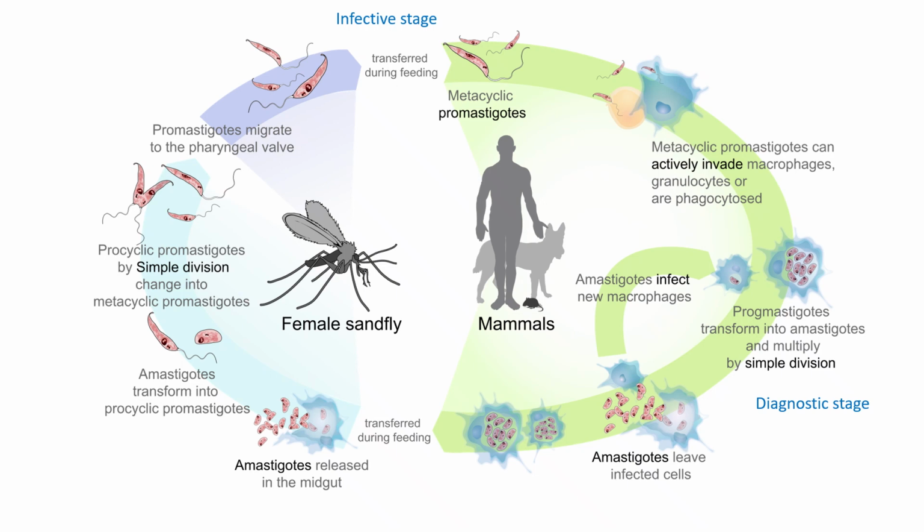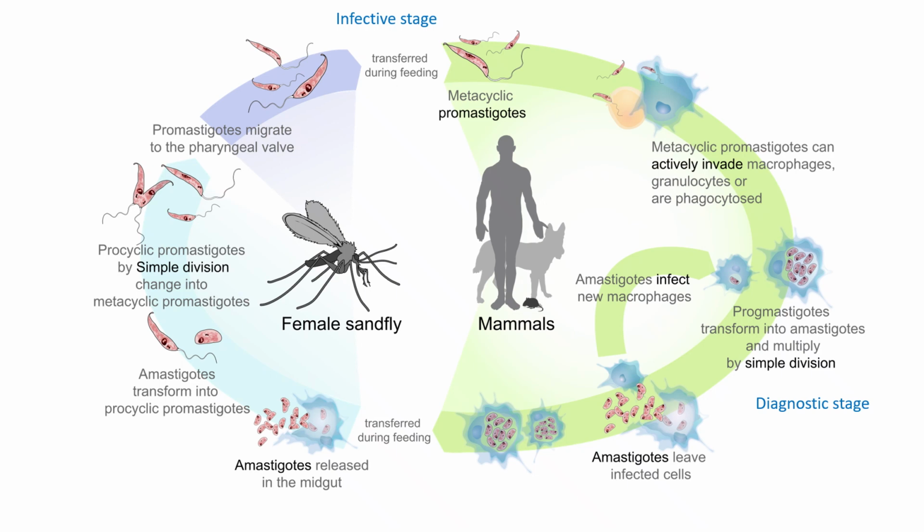In the sandfly, the form that can be found is the promastigote form, which can migrate in the sandfly, and then it will be transmitted to the human during feeding.